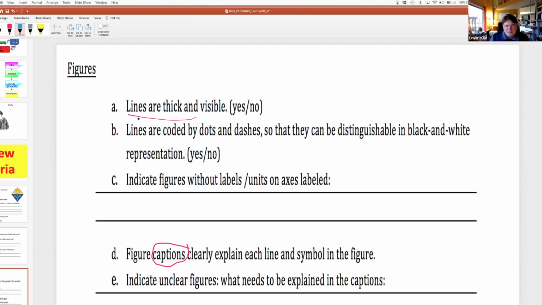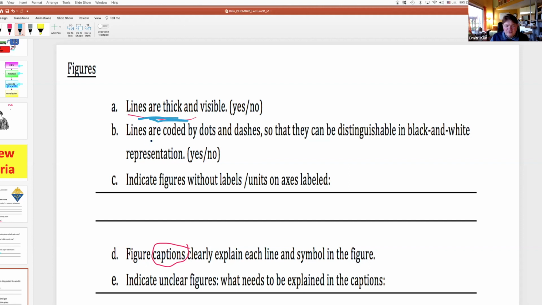Figures. Years ago, computers were not as widespread, and journals were published on paper, and sometimes copied in black and white. So if lines are not thick and visible, it will not be possible to recognize what is done.